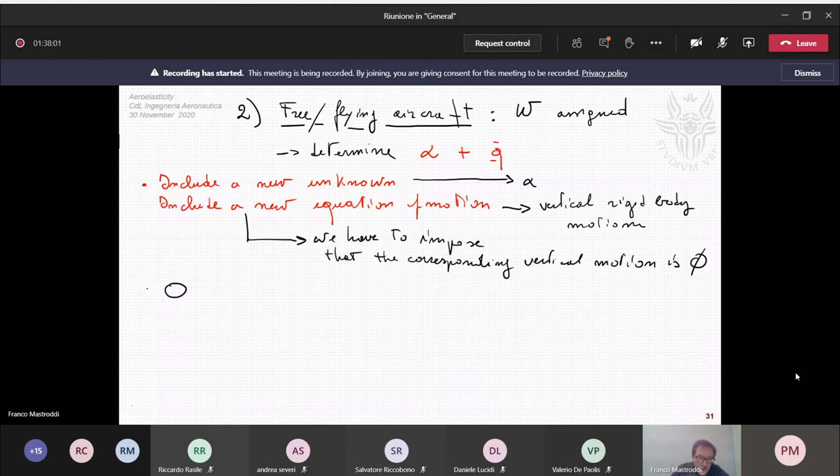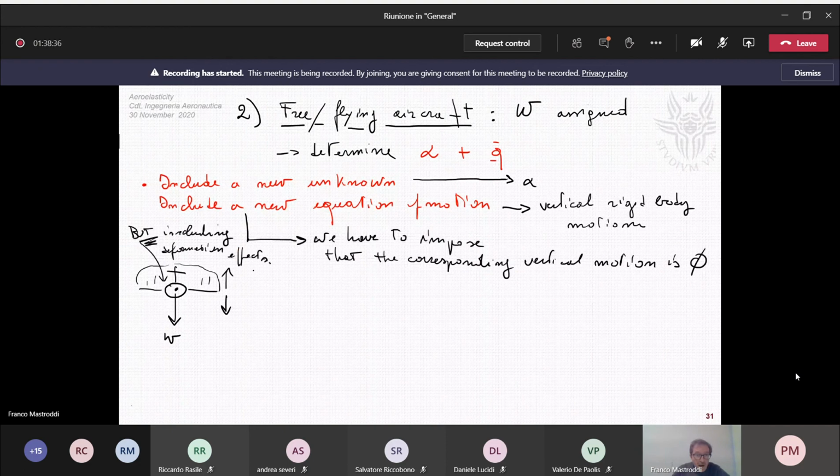We want that the aircraft does not move vertically, but you have a weight balanced by the global lift distribution, but including deformation effects.